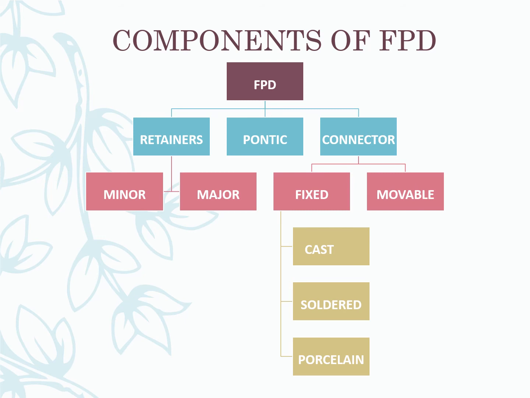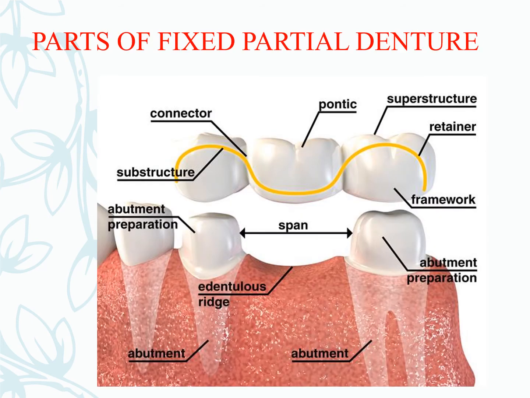You will decide which type of pontic to use, and also where the fixed partial denture is being fabricated, whether in the anterior region or the posterior region, the shape of the pontic will also be modified. So this is how you can have an overview.